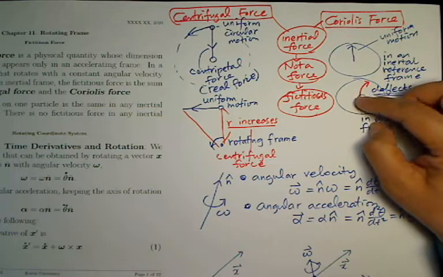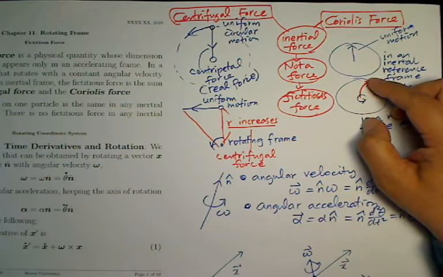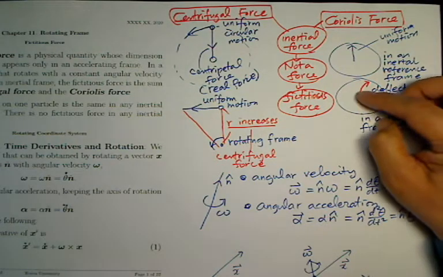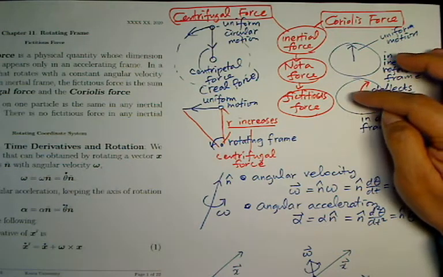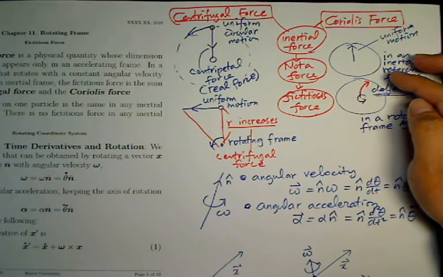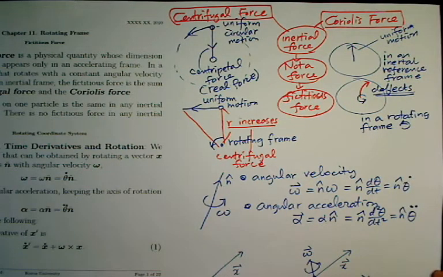In the non-inertial reference frame that is rotating, a straight line is treated as a curved line. That fictitious force is called the Coriolis force.